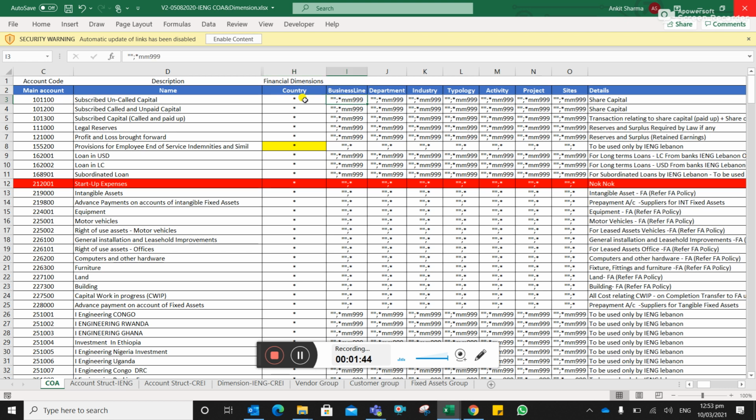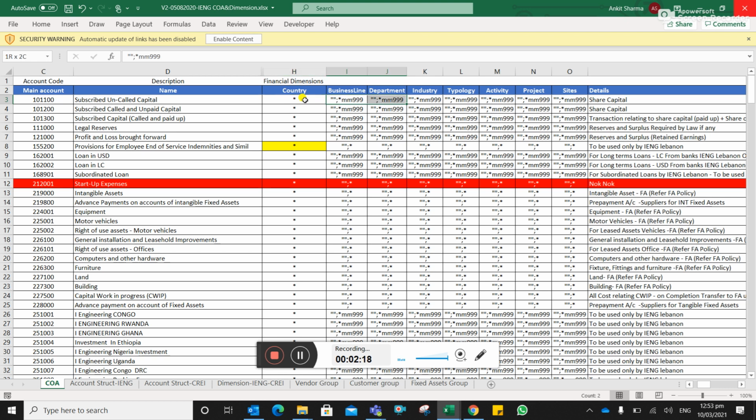If you move to another dimension, business line, you can see inverted commas mm999, so that means it is compulsorily empty. So why do we keep the share capital as compulsorily empty? Because there is no specific business line for the share capital, because as you know, we have multiple business lines, ENC, ONM, OPS. So the share capital is not restricted to one particular business line, it is overall for a company.